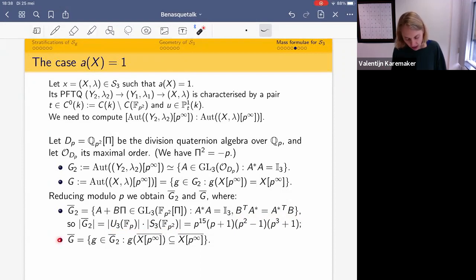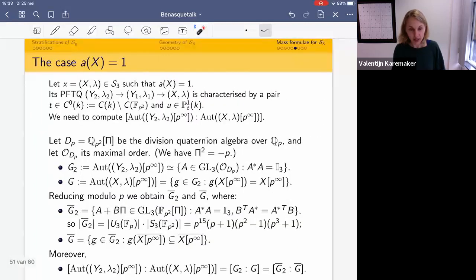And G bar a priori are the elements of G2 bar that send the reduction of X to itself. This is abusive notation, but I hope you understand what I mean. Right, and again, by surjectivity of the reduction map, the comparison factor that we're interested in of these automorphism groups is the same as the index of G in G2, and that is also the same as the index of G bar in G2 bar.